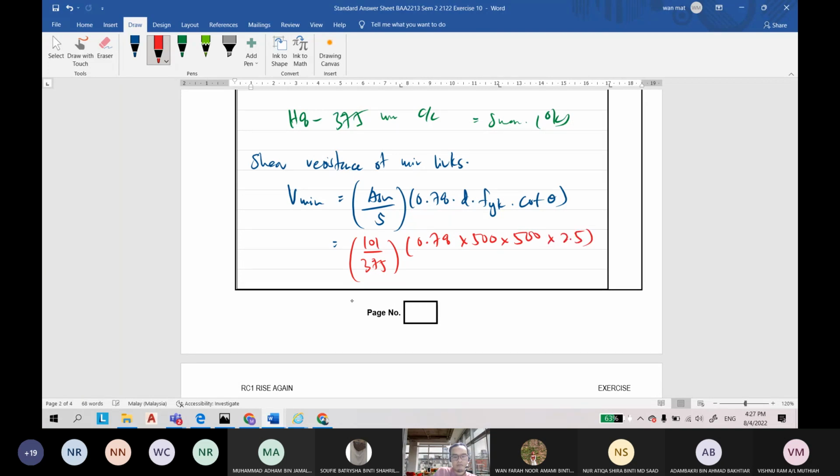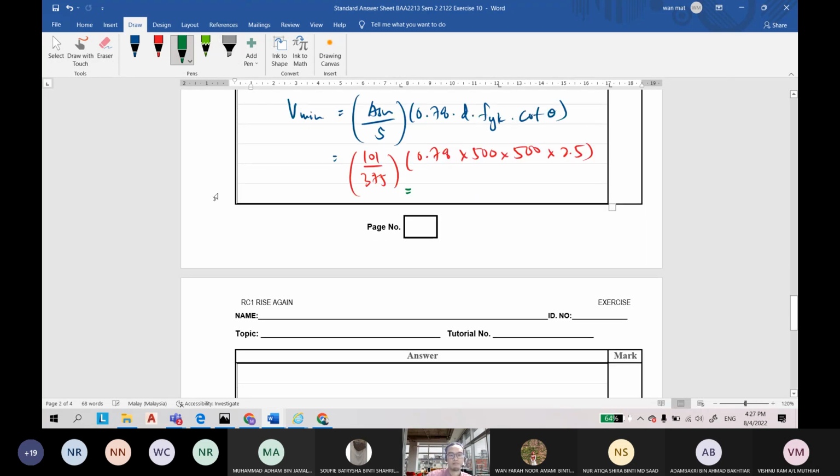What is the value of V minimum? 131, okay. So equal to 131 kilonewton.